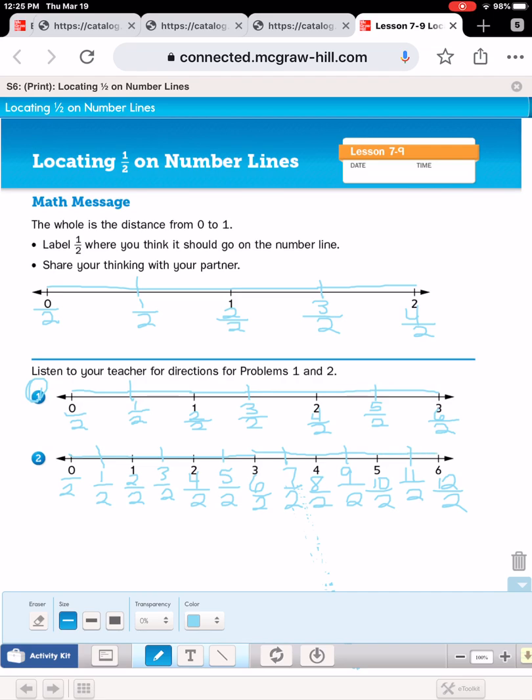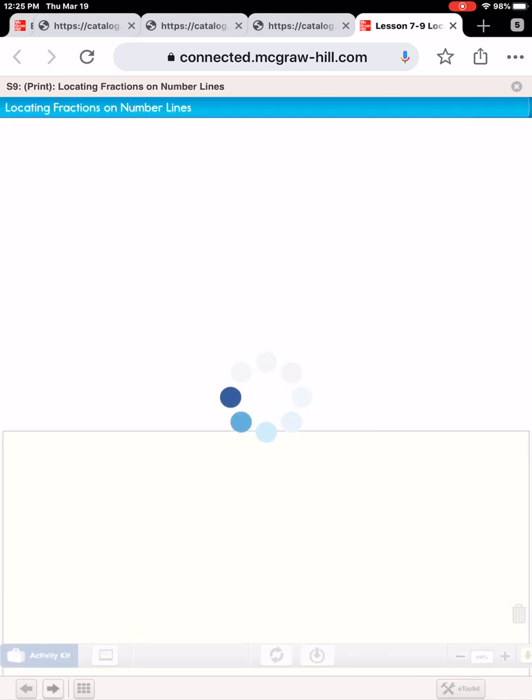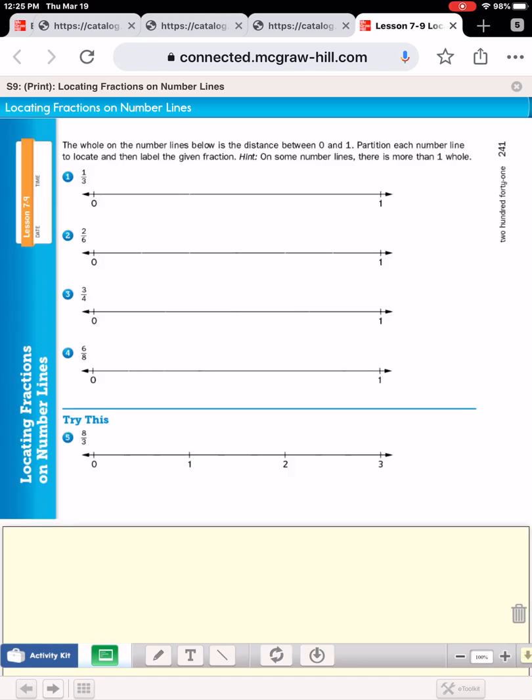Go ahead and fill in your page to look like this if you haven't already done that. All right, hit pause if you need a little more time, but when you're ready, go ahead and turn the page to 241. It says locating fractions on number lines.